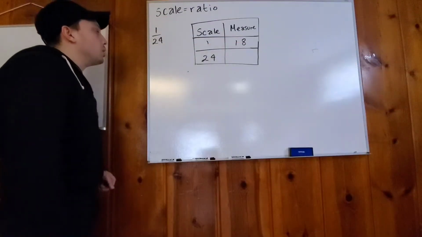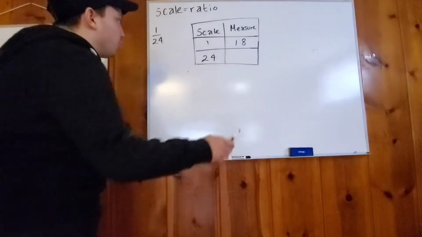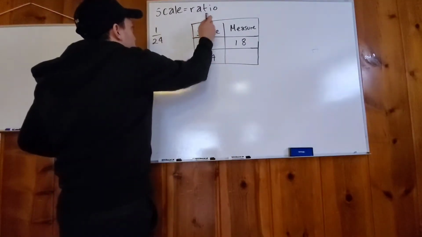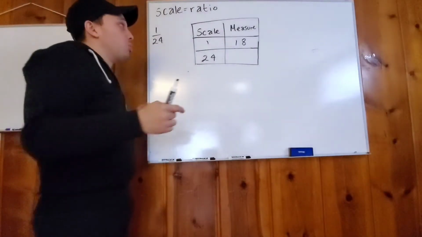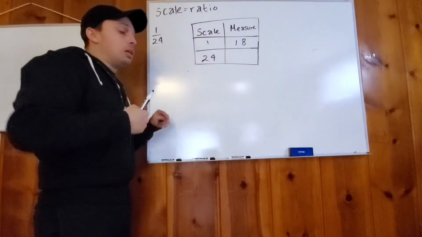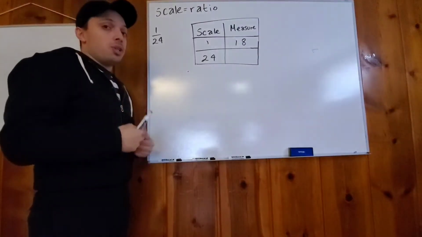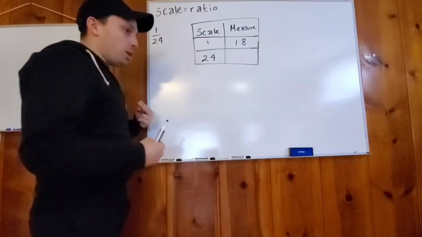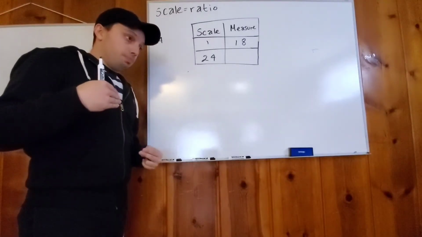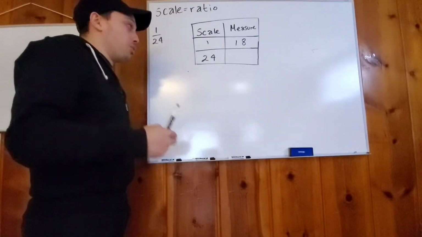All right, in example 1, they are talking about scale. So the first thing I want you to understand is the scale is the same thing as a ratio. Okay, what is a ratio? If you guys remember, a ratio is a comparison between two things, right? So can I have improper ratios? Yes, because it's a comparison. For example, 3 girls to 2 boys, 3 to 2.